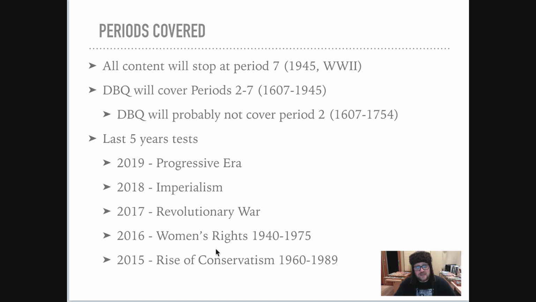And you definitely aren't going to get either of these first 2 ones about women's rights or the rise of conservatism, because they both fall outside of the period 7-8 time period. So again, you're probably not going to get something from the early 1900s, and probably not a Revolutionary War DBQ, which means, and this is not a direct quote, most likely the DBQ will fall in the 1800s, is my guess.